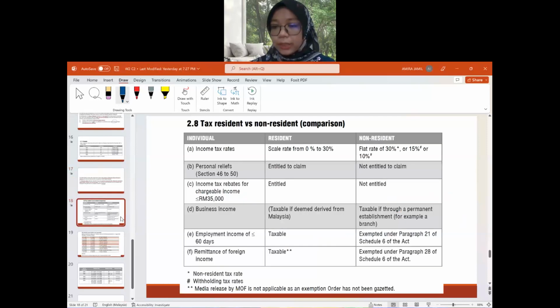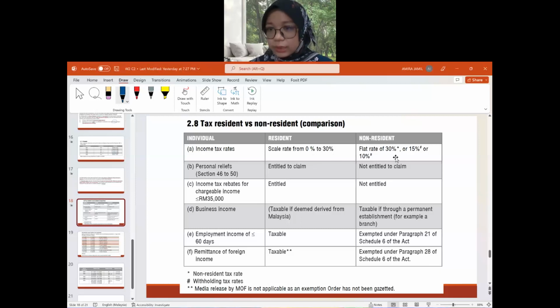So this is the comparison between individual resident and non-resident in terms of income tax rate. For resident, it is 0% up to 5,000 ringgit per year, and from 5,001 ringgit they apply 1% until 30%.